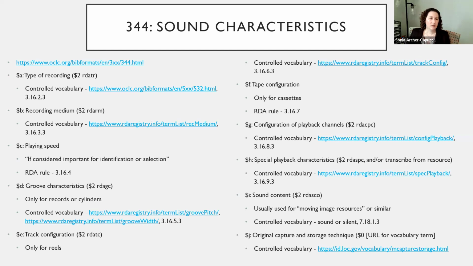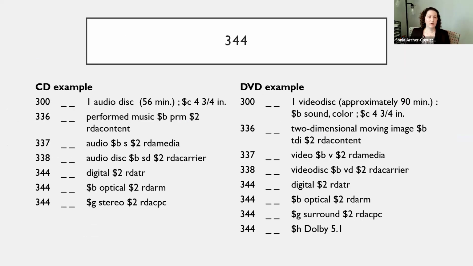So basically with the 344, what's newish now is that, just like with other 3XX fields, we're starting to split each of these elements into its own 344 field. So for example, if we had a CD that we were describing, you could have digital in the A subfield, and then in a separate 344 optical, a separate 344 stereo. So you're separating out those different elements.